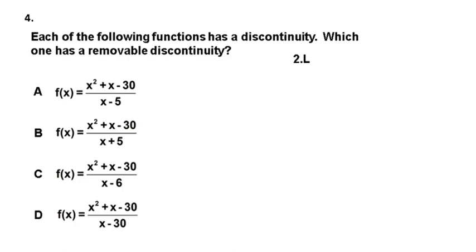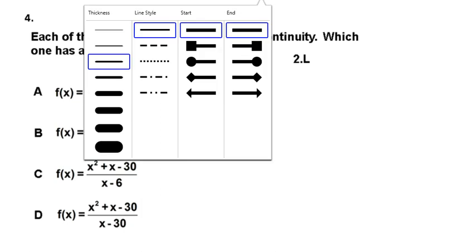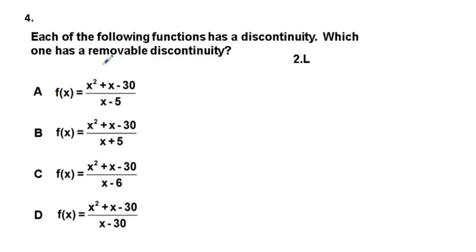4. Each of the following functions has a discontinuity. Which one has a removable discontinuity? I'm going to show this graphically, but before I do that, I'm going to resort to finding the factors of this rational function.